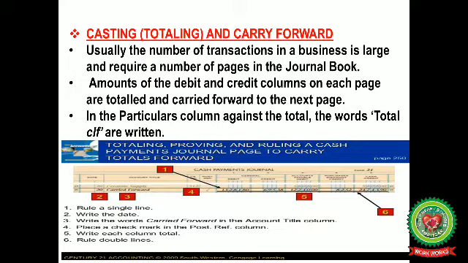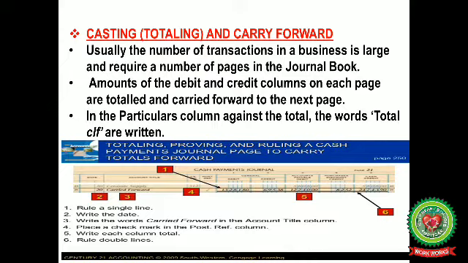Totaling, proving, and ruling a cash payment, that is transferring of one journal page to carry totals forward. So how do you have to do it? When you have made 4 or 5 columns, the first column is of date, the second column is of particulars, the third column is ledger folio, the fourth column is debit in rupees, and the fifth column is credit in rupees.